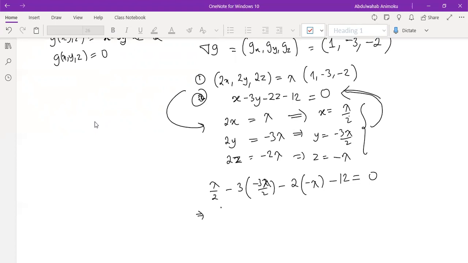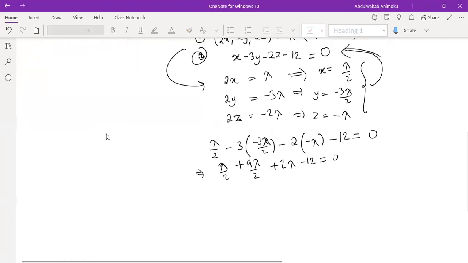So now let's simplify this. This is lambda over 2 plus 9 lambda over 2 plus 2 lambda minus 12 equal to 0. So you can quickly multiply through by 2. And why am I doing this? So that I can get rid of the fraction.